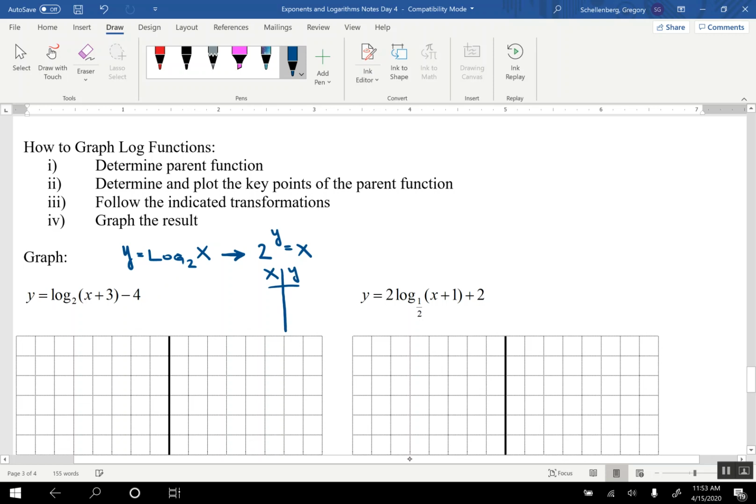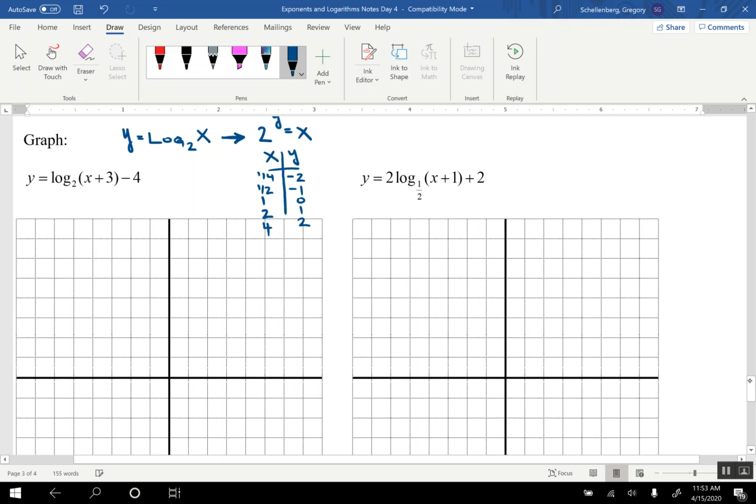And again, I'm selecting values of y here. So negative 2, negative 1, 0, 1, and 2. And we'll plot those points.